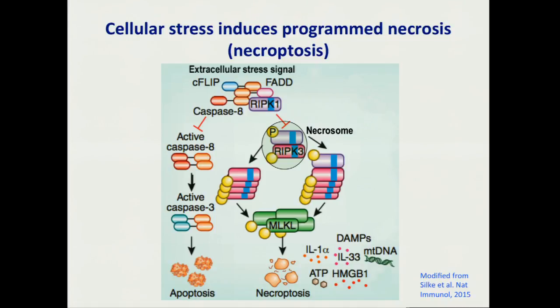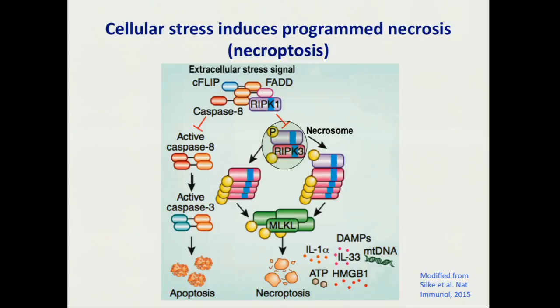It's programmed necrosis, and it's dependent on the activation of Ripk3 by receptor interacting protein kinase 1, and when it's freed from this complex, for example, when you knock out caspase-8, then it can interact with Ripk3, and this activation also activates its downstream target, MLKL, or mixed lineage kinase-like protein, which forms an oligomer.